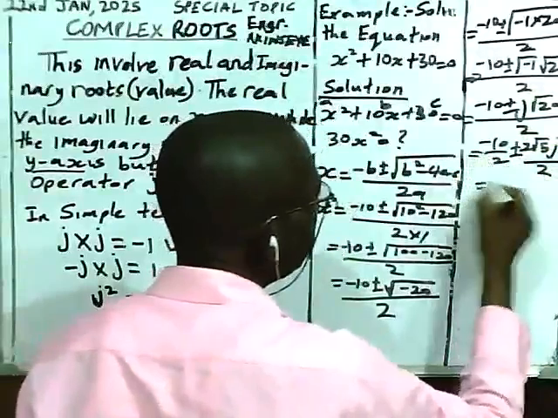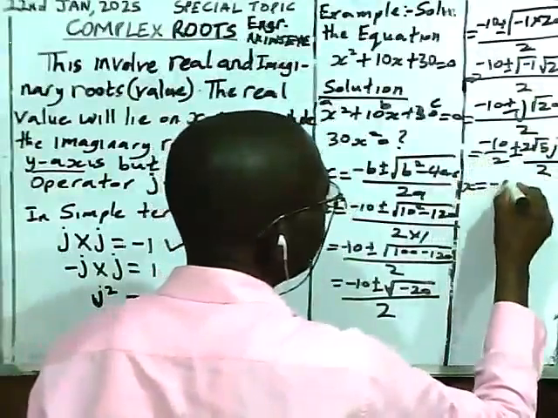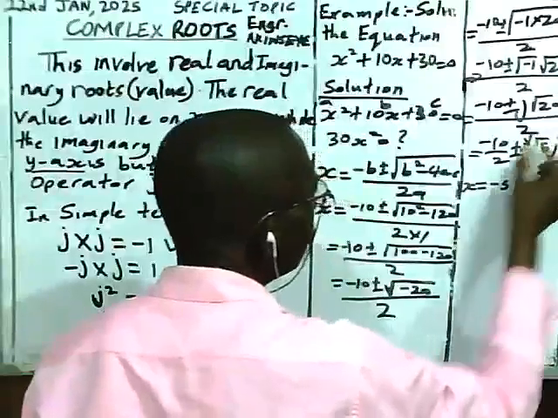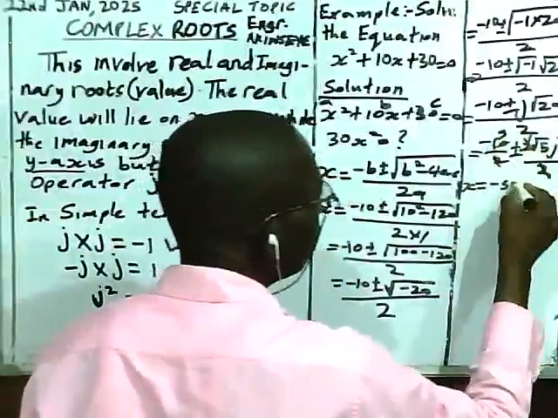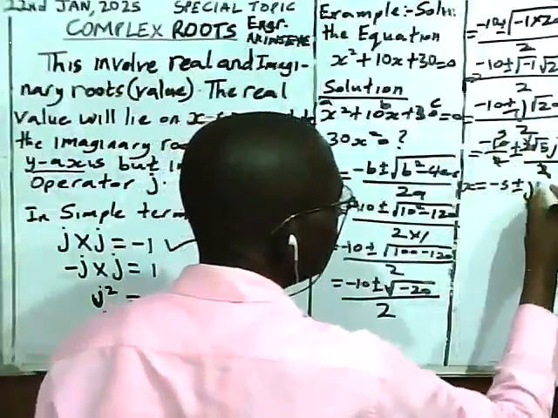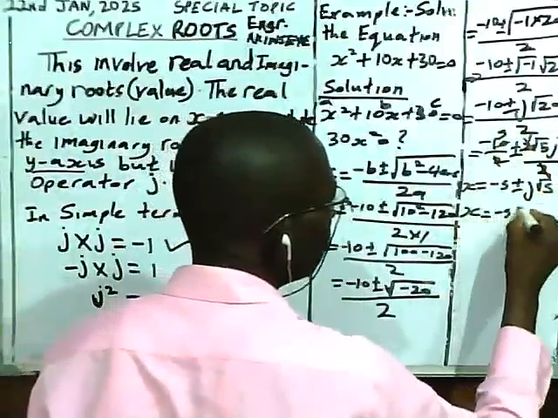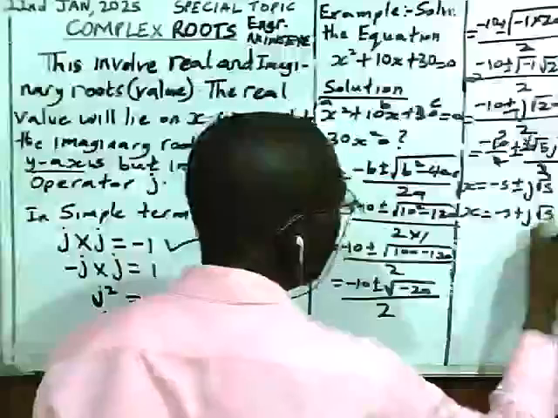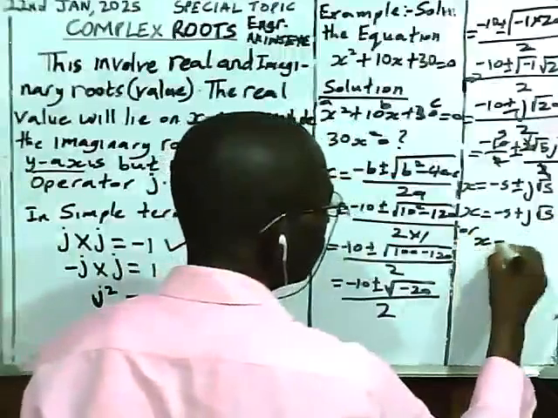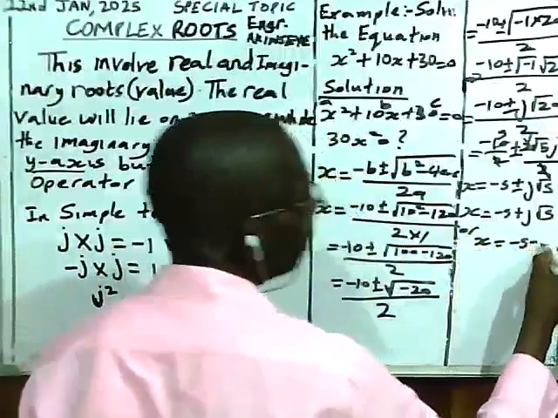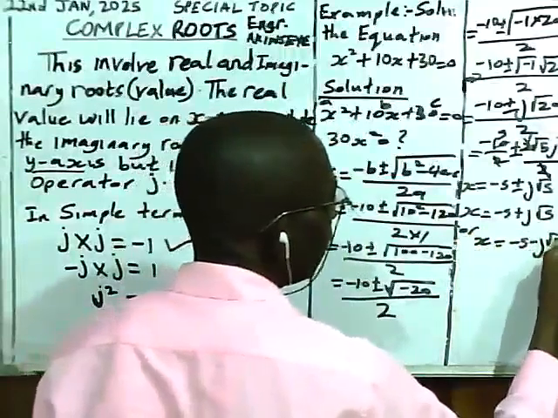So this implies x equals minus 5, this cancels this one, plus or minus J root 5. So therefore, x equals minus 5 plus J root 5, or x equals minus 5 minus J root 5.